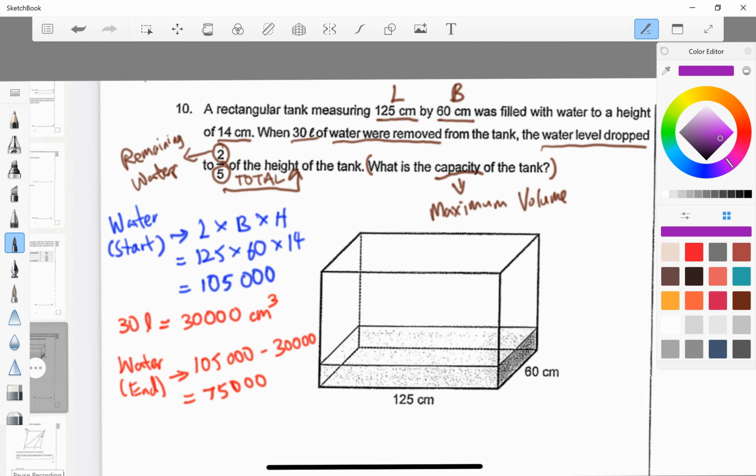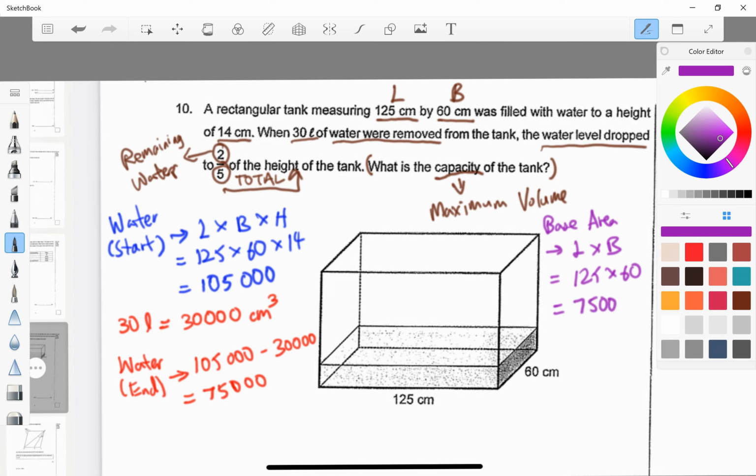Let me write it down on the right side. The base area of this particular tank is simply length times breadth, and it will be 125 multiplied by 60. If I key that in, my answer will be 7,500.